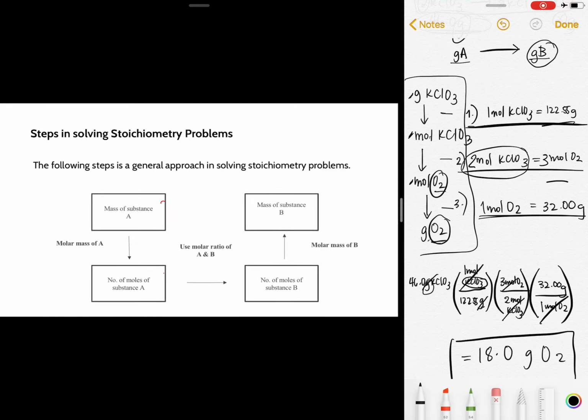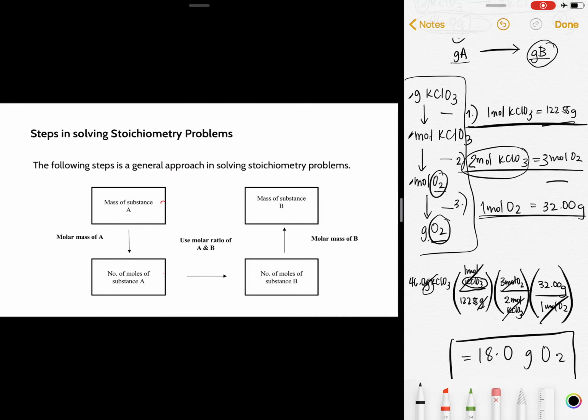Now, class, this one, you'll find this in every chemistry book. However, as you notice, I didn't discuss this to you kasi back then when I was still a student, I find it difficult to follow this diagram, and I have come up with this kind of strategy, yung tinuro ko sa inyo. I suggest you do this one to give you a clear picture of how you're going to solve stoichiometric problems.